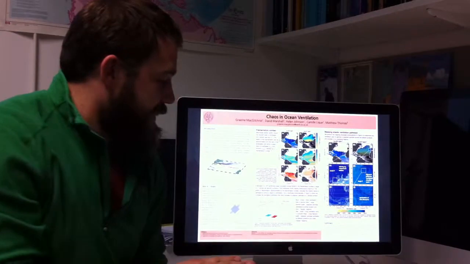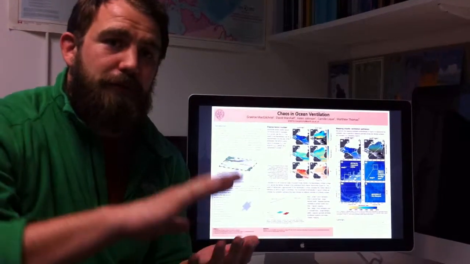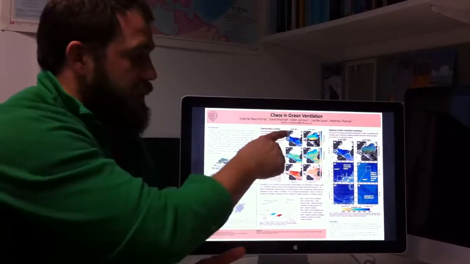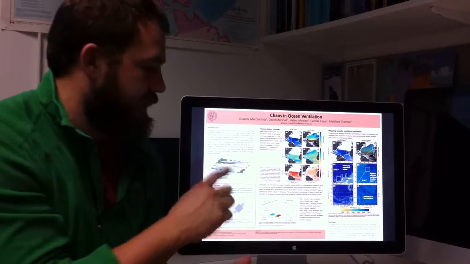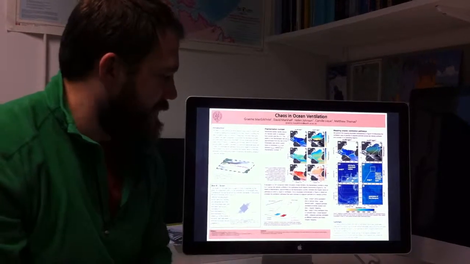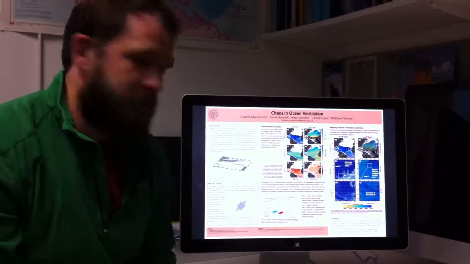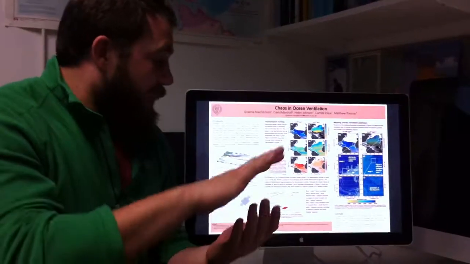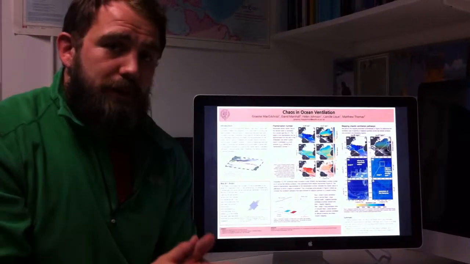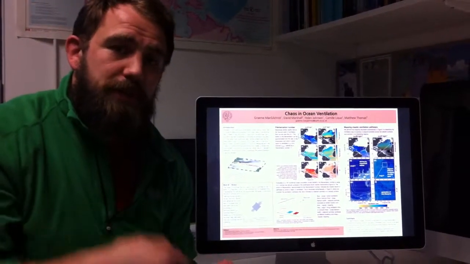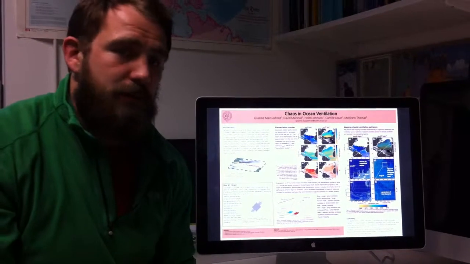In the blue case, we're considering a laminar flow, where the ratio of the ventilation timescale to the strain timescale is small, and so we have a small filamentation number, which is the ratio of the two. That one is in blue, where we have a small number, and therefore the filament width is large, and so all the particles will have come from the mixed layer at a roughly similar time and from similar locations.